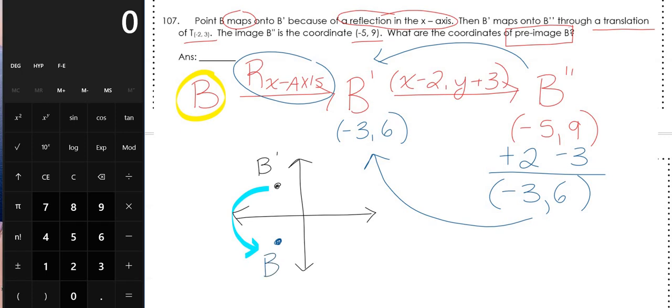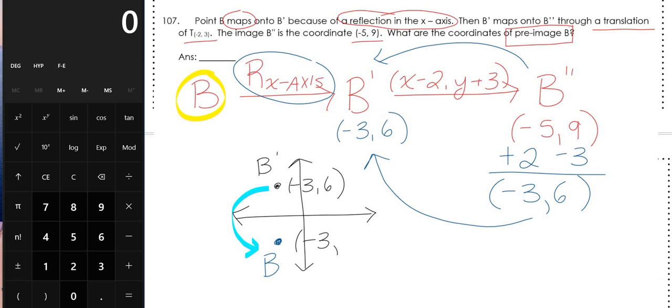Now if B prime is at negative 3, 6, the only thing that would have changed is it goes from below the x-axis to above the x-axis. It doesn't move left and right, so I should still have a negative 3 coordinate for B, the original point. The only thing that changes when you reflect across the x-axis is your y value.